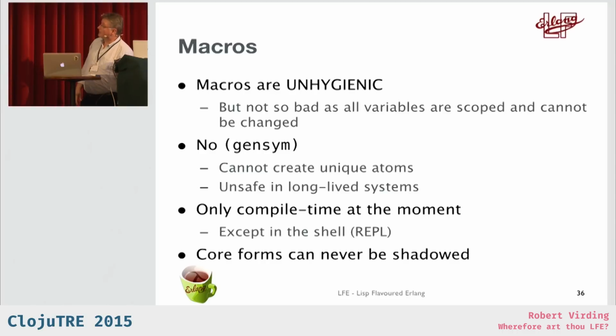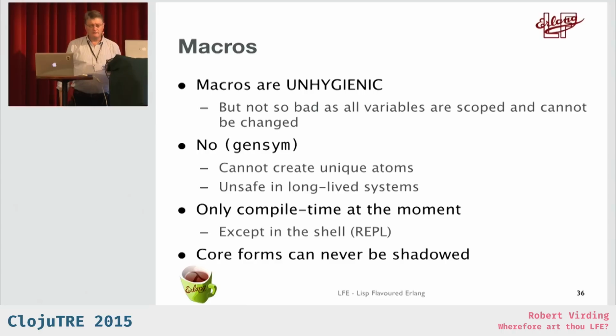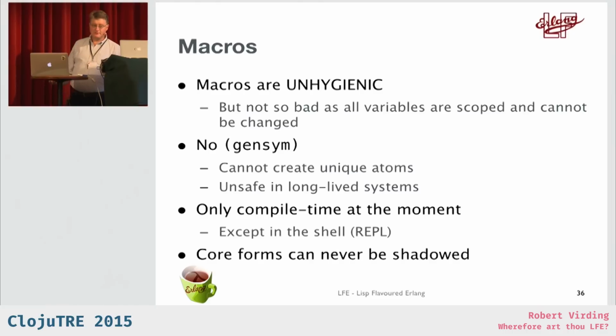We have macros. They're unhygienic. Variables are scoped and you can't change them, so it doesn't really make that much difference. There's no gensym. That's a property of the Erlang machine underneath. If you create atoms, you'll eventually fill the atom table and the machine will crash, so you don't want to do that.